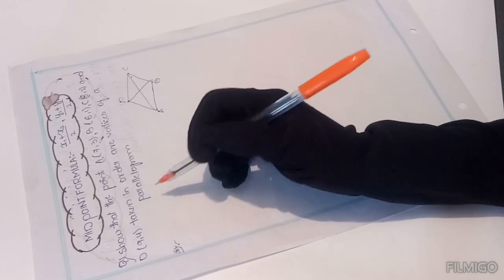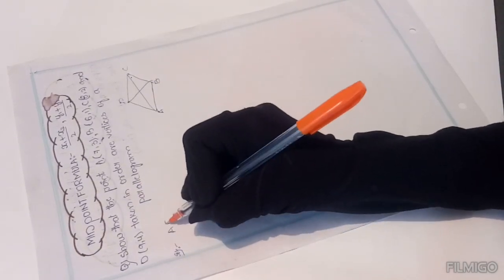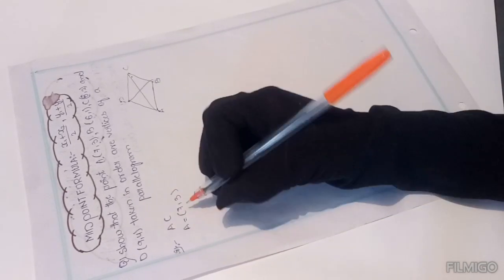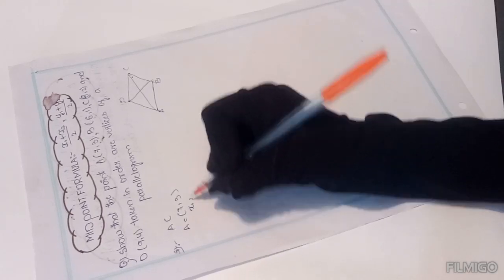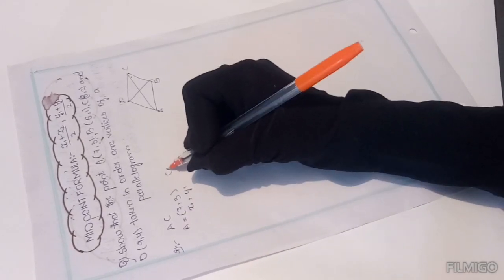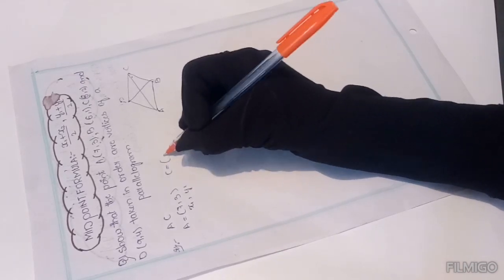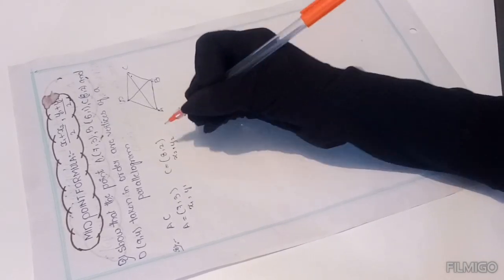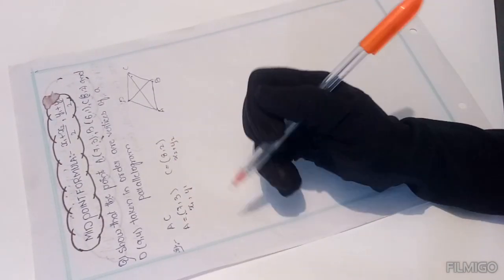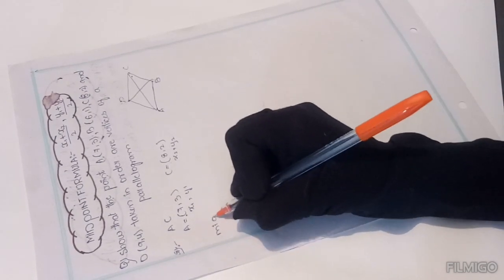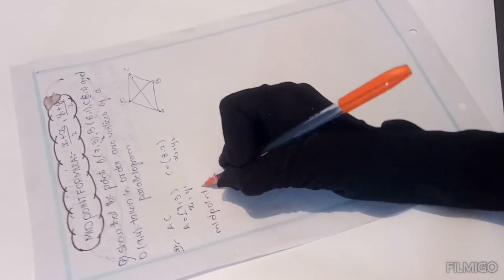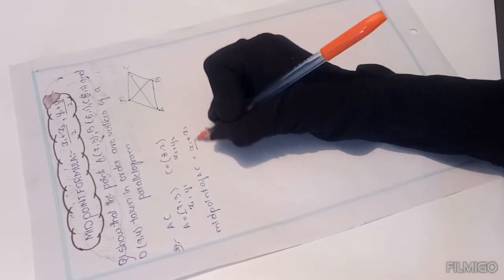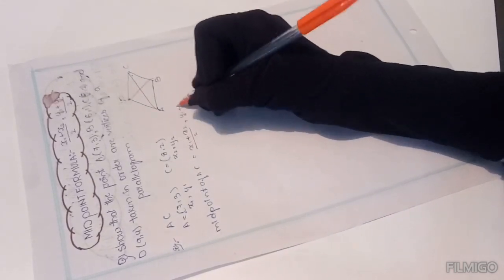First, we take the diagonal AC. The vertex A is 7, 3. Let us consider 7 as x1 and 3 as y1. The coordinates of C are 8, 2, x2 as 8 and y2 as 2. How to find the midpoint of AC? We have a formula to find the midpoint of anything: x1 plus x2 by 2, comma y1 plus y2 by 2.